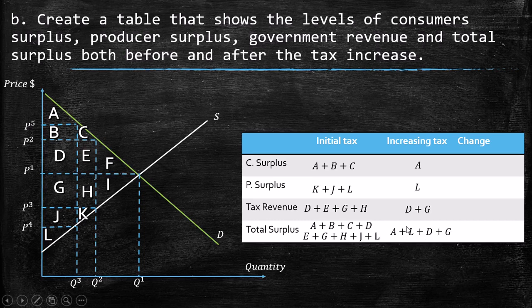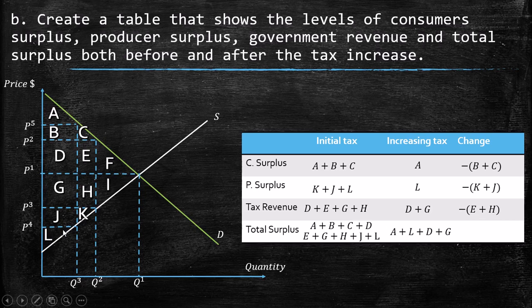Now what is the change? From the consumer side, they will lose B and C because there's going to be more price perceived from the consumer side. The producers will not receive J and K anymore as producer surplus.